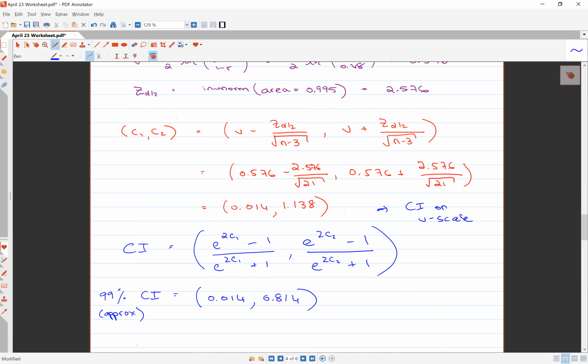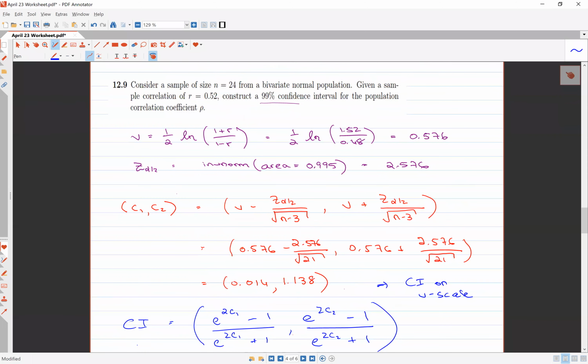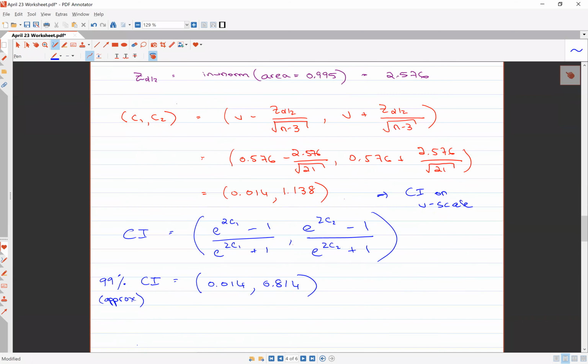So a sample size of 24 is almost only good for helping us figure out if the correlation is positive or negative. And even then, if this correlation value had been slightly smaller than 0.52, the interval would have spanned into the negatives.